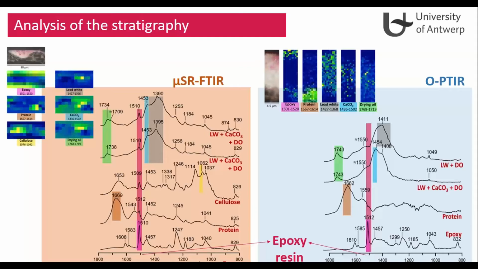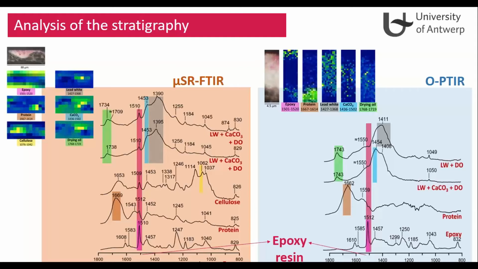So as a result, this band related to the epoxy resin was overlapping with the other bands, giving more overlapped bands in the spectra, which makes interpretation difficult and doesn't allow such accurate results.